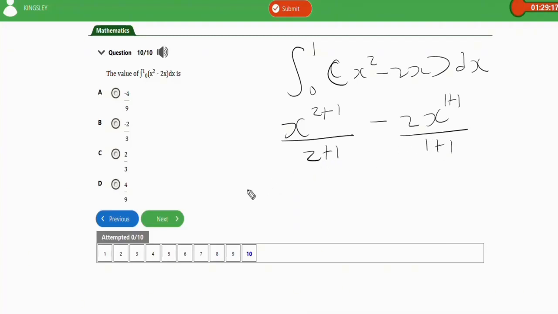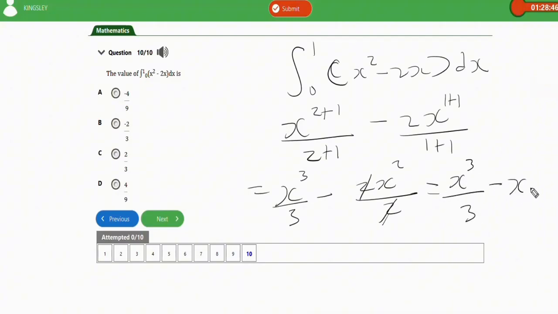So this is something like x^3 over 3 minus 2x^2 over 2. So this will cancel itself, so we are left with x^3 over 3 minus x^2.